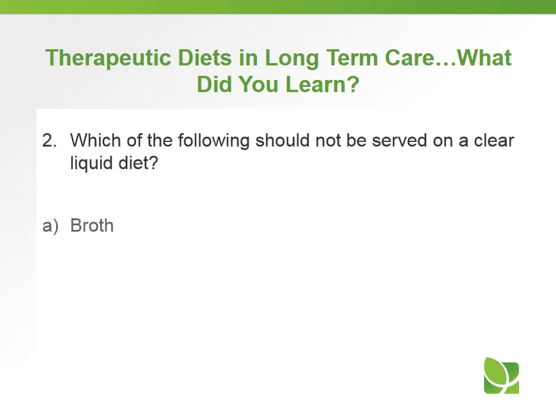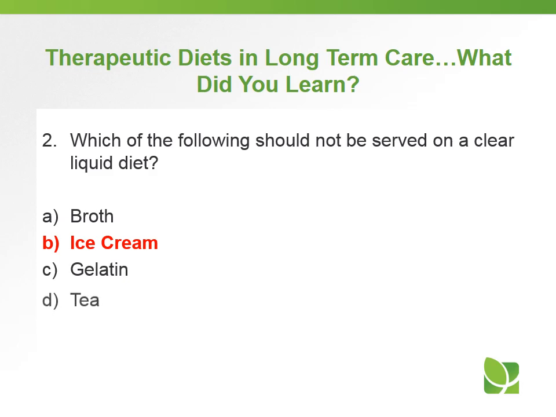So which of the following should not be served on a clear liquid diet? The answer is B, ice cream. A clear liquid diet can have broth, can have jello or gelatin, and tea is also acceptable, but not ice cream.